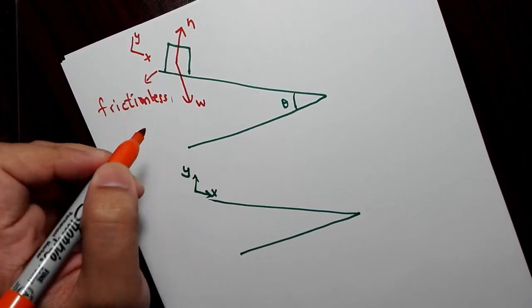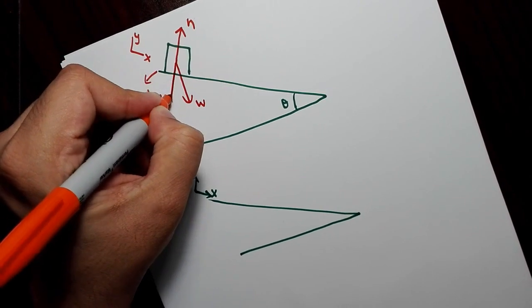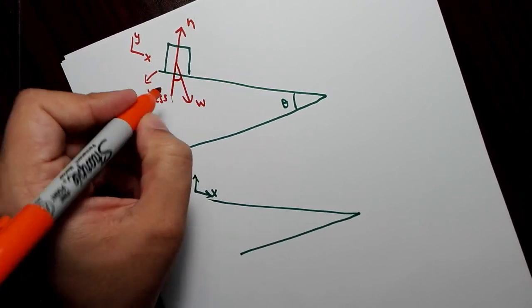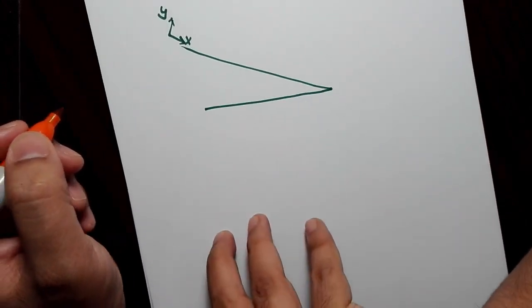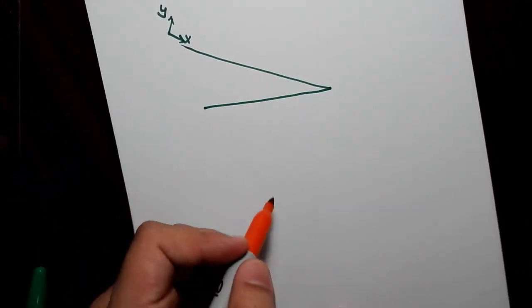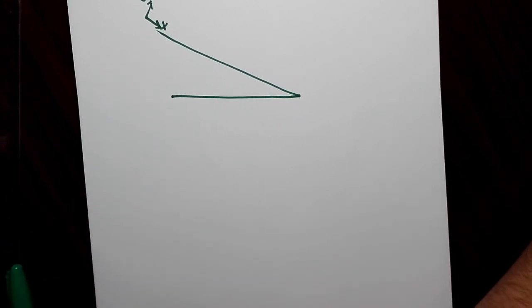For that, we need to know this angle over here, and this angle turns out to be theta, and that confuses students a lot. So let's look at this. I'll give you an argument, and I hope that satisfies you.